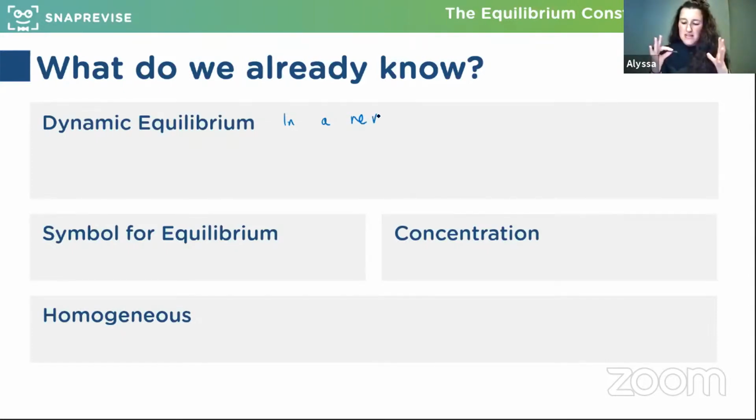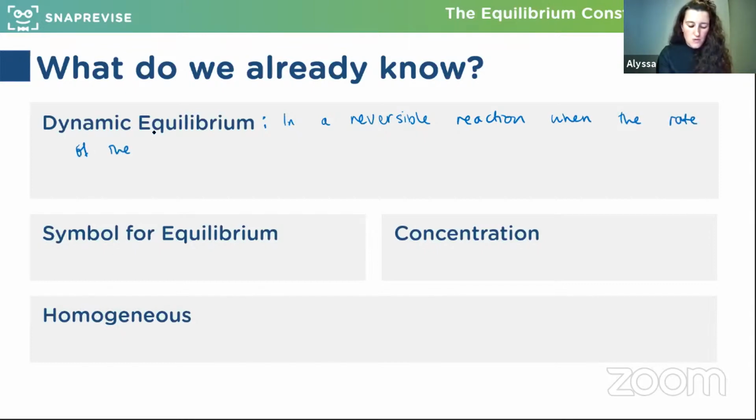There's something we need about our reversible reaction in order to establish a dynamic equilibrium. It can't just be a reversible reaction, it has to be in a closed system. Well done, guys. Yeah, exactly right. So dynamic equilibrium occurs in a reversible reaction when the rate of the forward reaction is equal to the rate of the backward reaction.